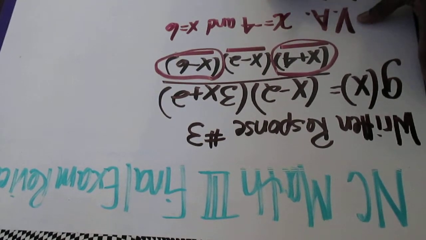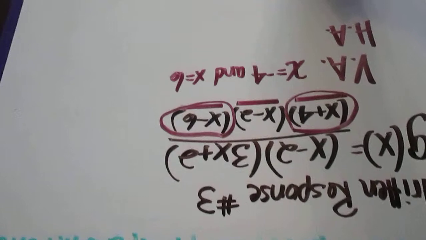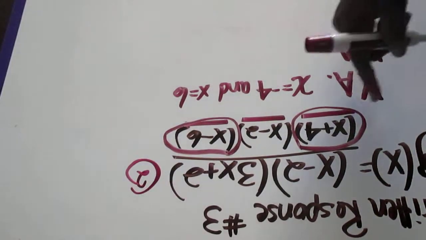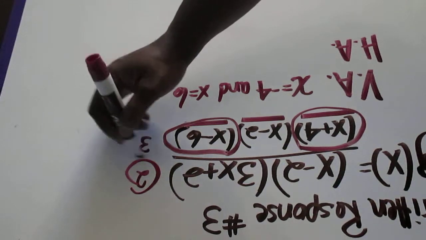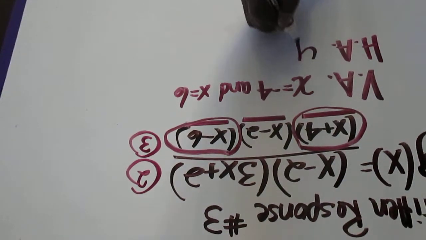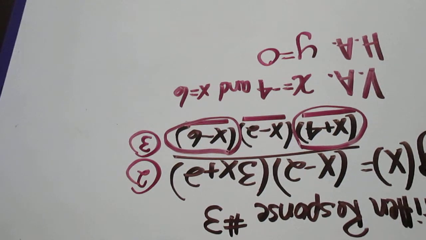For horizontal asymptotes, you have to look at the degree of your polynomial functions. So the degree of our numerator is 2. Degree of our denominator is 3. If the degree of the denominator is greater than the degree of the numerator, then your horizontal asymptote is at y equals 0.